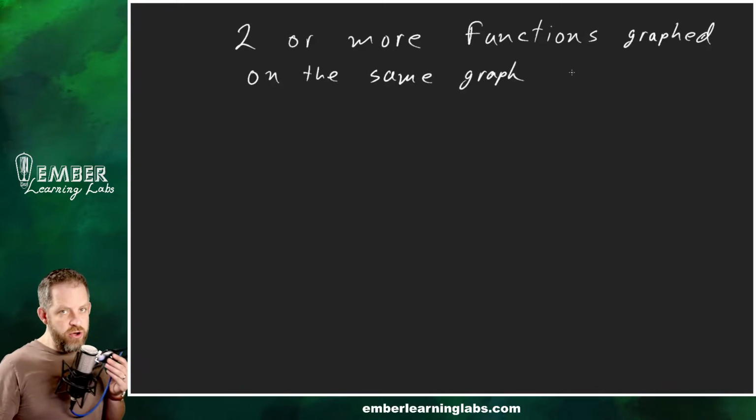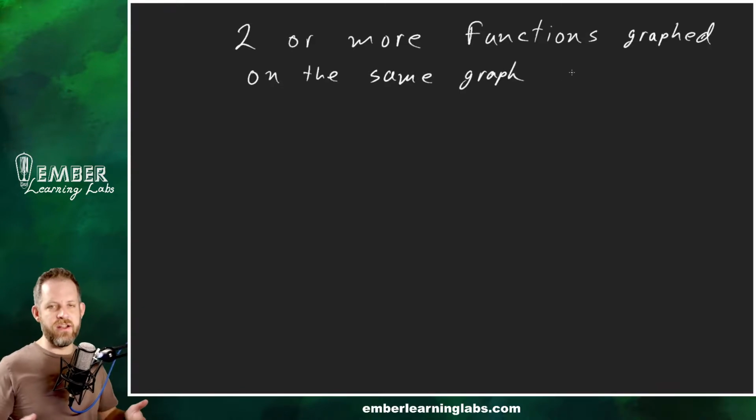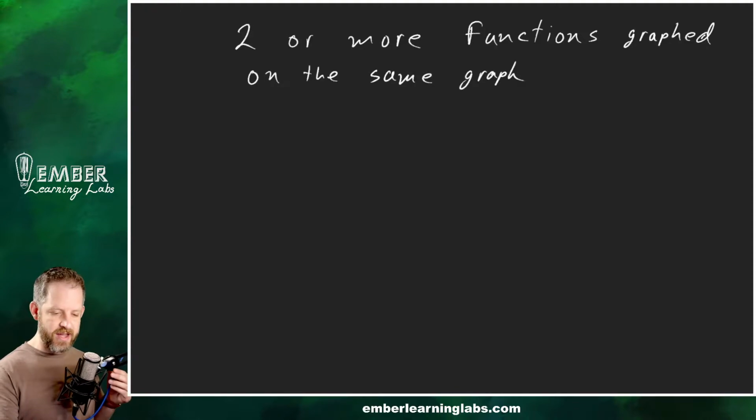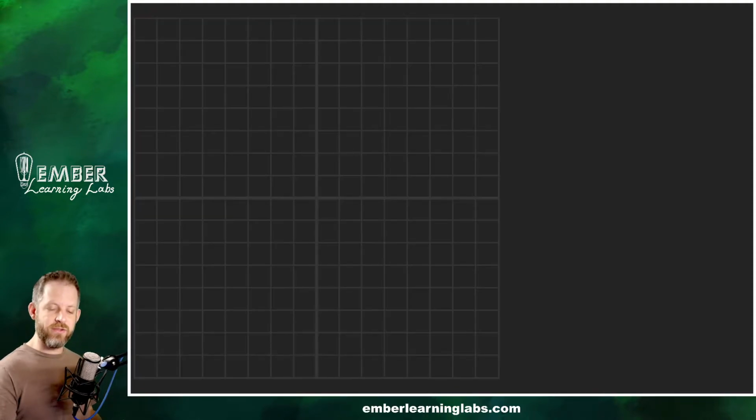Okay, so it's two functions that are connected together. They can connect together in three different ways. So let's look at the three different types of systems.